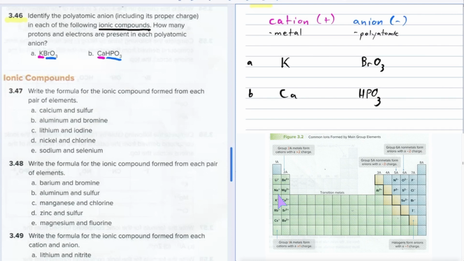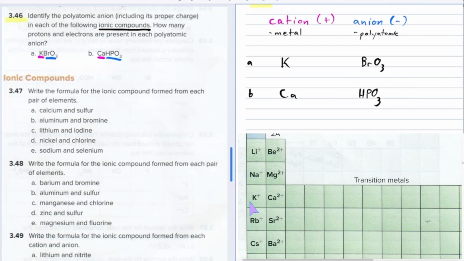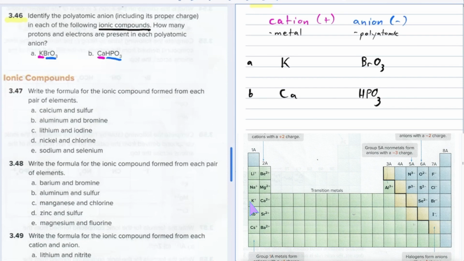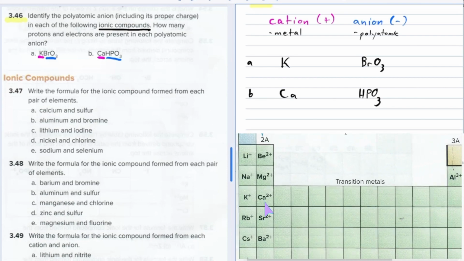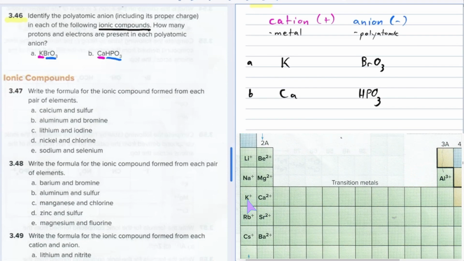This tells you what charges atoms like to form if they form ions. Potassium is in the +1 column, group 1A, and calcium is in group 2A. So anytime potassium forms an ion, it's a +1 ion. And the calcium, anytime it forms an ion, it's a +2.